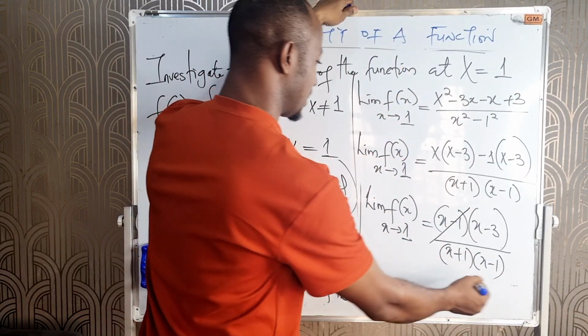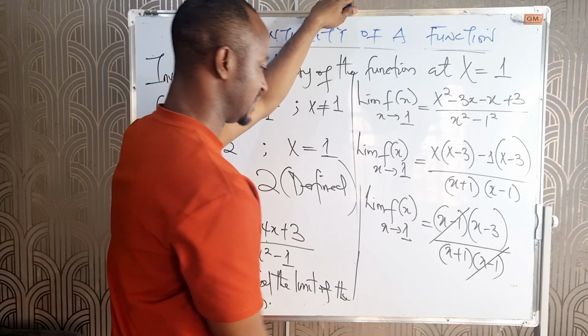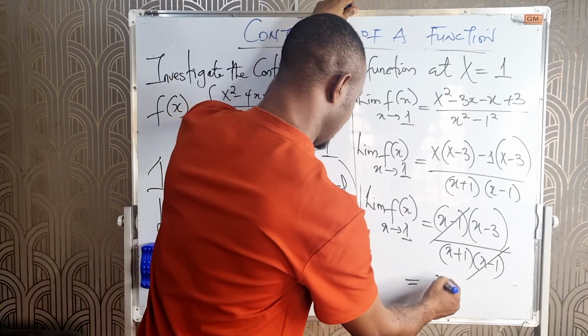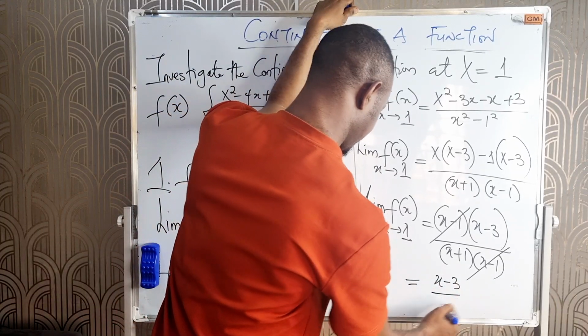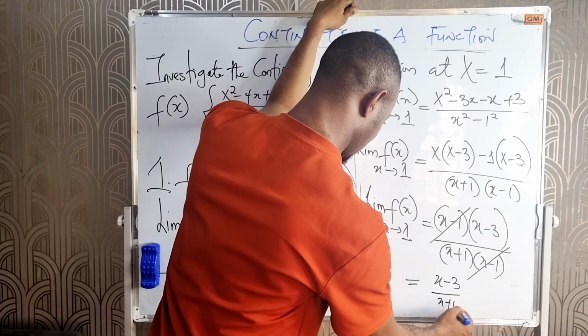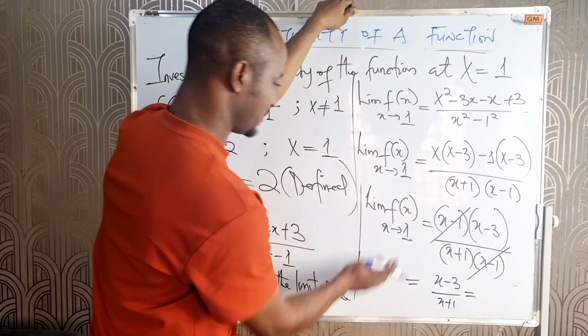Definitely, x minus 1 cancels out with x minus 1. We are left with x minus 3 divided by x plus 1. So let's put in our value of x.